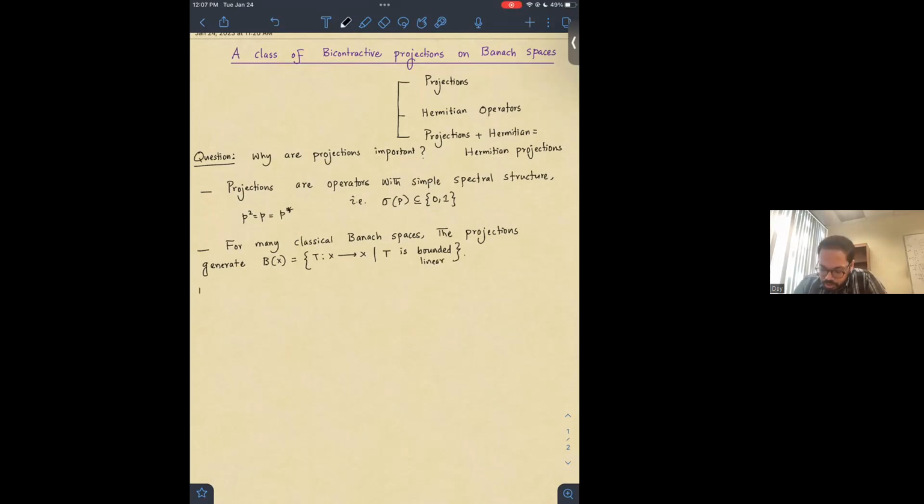And one of the most interesting results was due to Matsumoto. I don't remember which year it was, around I think the 1970s.